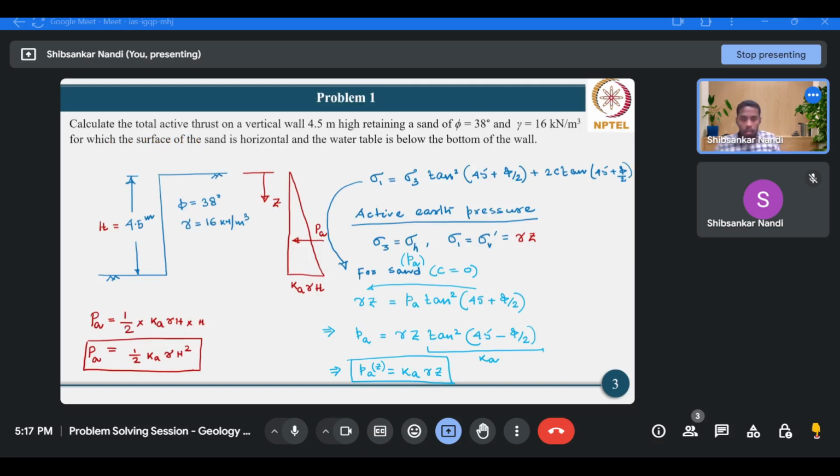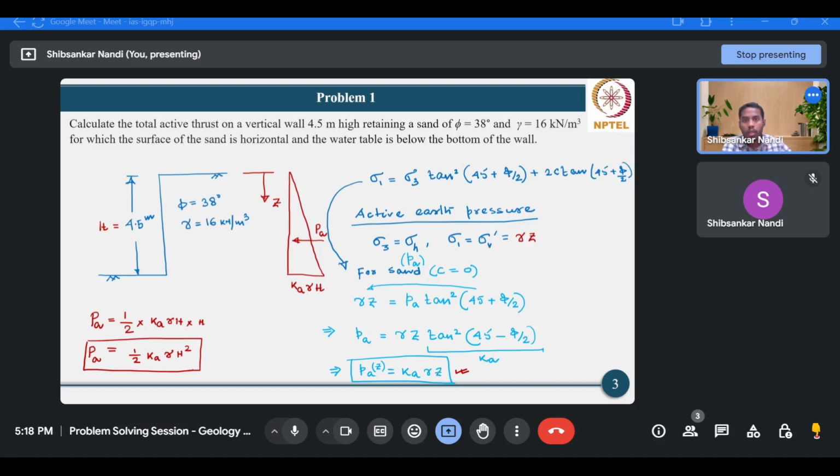You can also start from this expression directly, that you know the variation of active earth pressure with Z, and that is nothing but Ka times gamma Z for a cohesionless soil deposit, a dry cohesionless soil deposit, where the top surface of the deposit is perfectly horizontal.